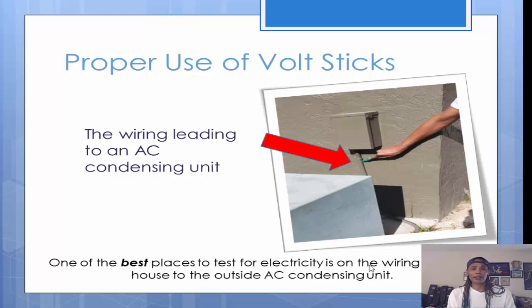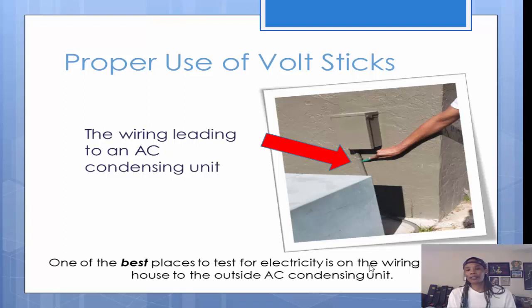The other one here is the AC wiring from the air conditioning. As you can see, right below the red arrow is the air conditioning unit, and the little brown box mounted on the wall is the electrical supply to the AC unit, the condensing unit.